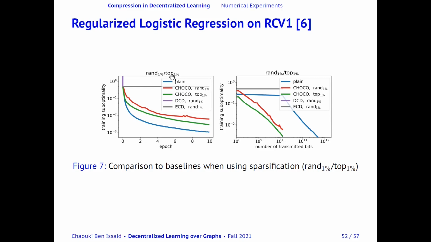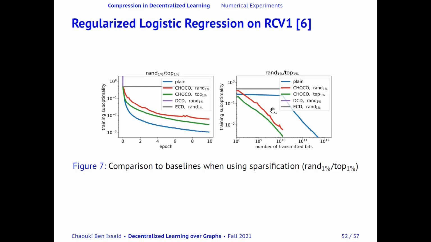We can see that SPARQ-SGD outperforms DCD and ECD in terms of convergence and also in terms of communication savings. It also presents significant savings compared to vanilla decentralized SGD.